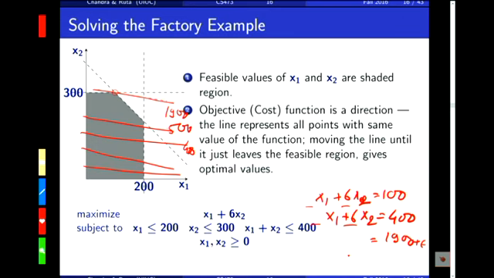So at most how many vertices will there be if there are n constraints? Any two lines intersect, so choose 2.